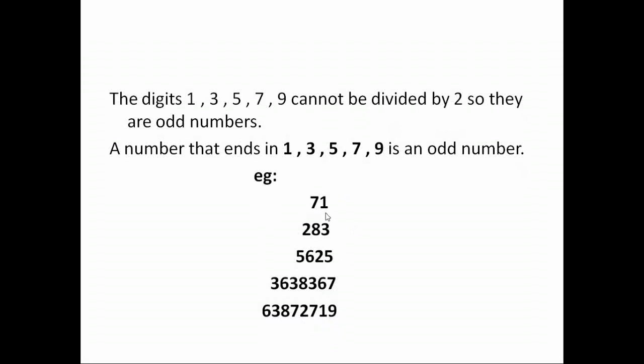Now if you observe these numbers at the ones place, you will find they have 1, 3, 5, 7 and 9. So these numbers which have 1, 3, 5, 7 or 9 at the ones place are the odd numbers. They cannot be divided by 2.